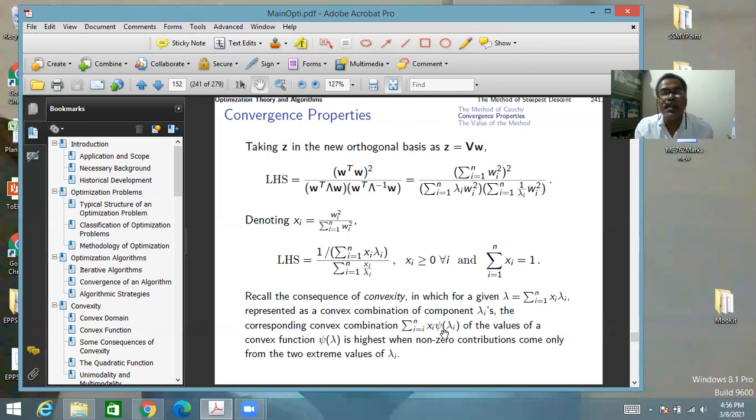That is, other than xn and x1 when all the x's are 0. So look up your old material on convexity lecture, you will find this.